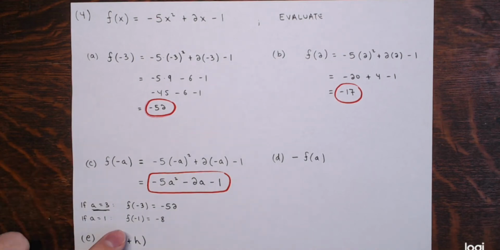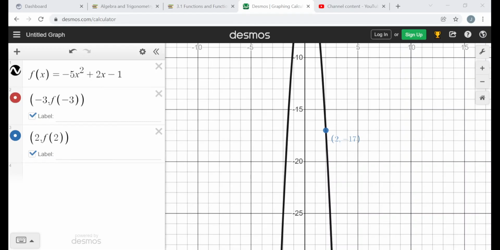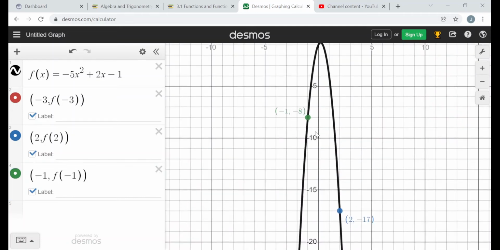When the input's negative 1 for this function, is the output negative 8? Let's see. So back on the graph of function f, input -1, output f of -1, and label it. And you see there's -1, -8. Fantastic.